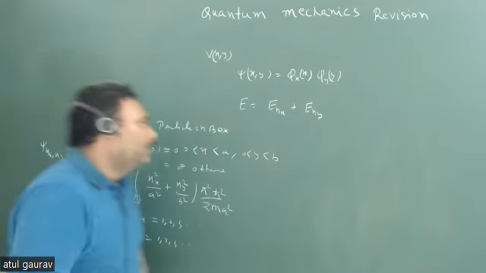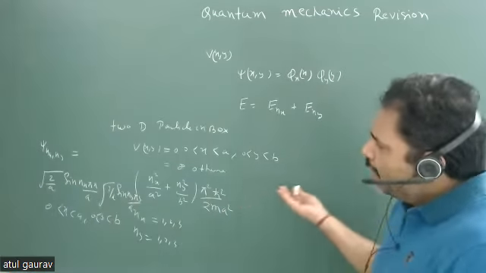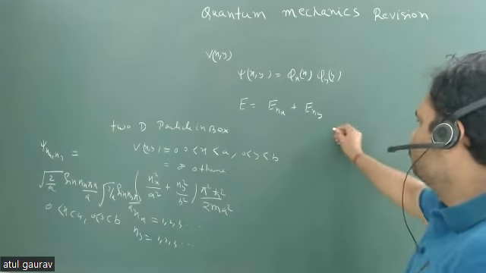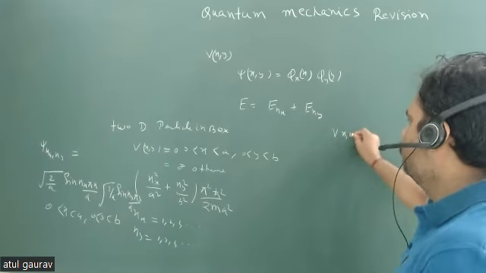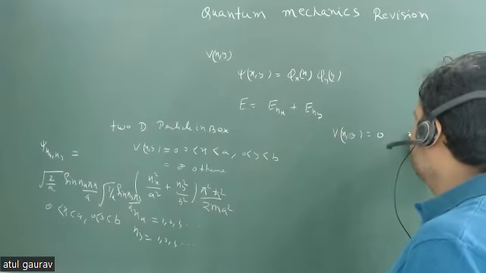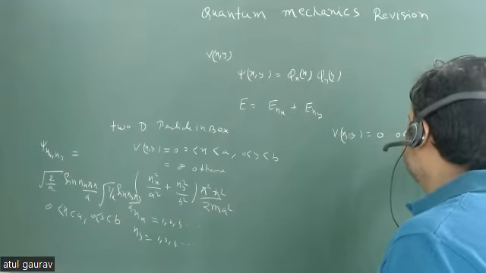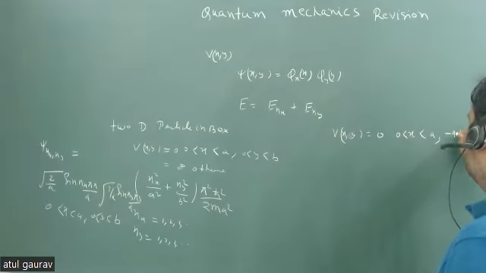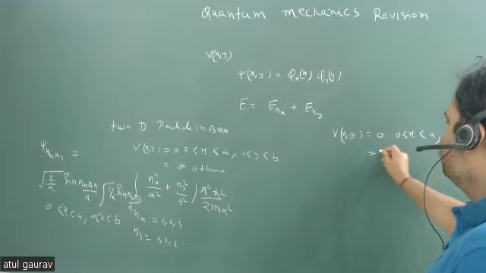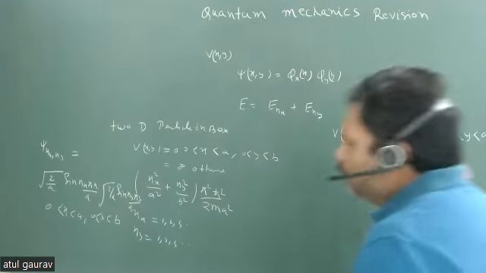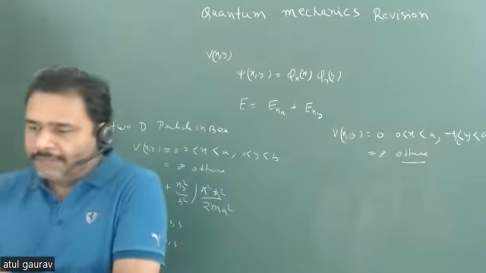Now suppose this is your one potential, and this potential is going to change to this particular potential: V(x,y) is equal to 0, where x is between 0 to a and y is between minus a by 2 to plus a by 2, and infinity otherwise. So how will you go for this particular wave function?